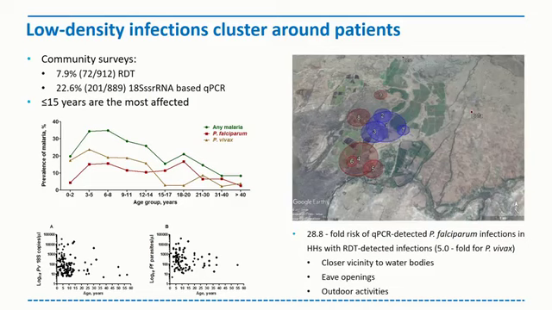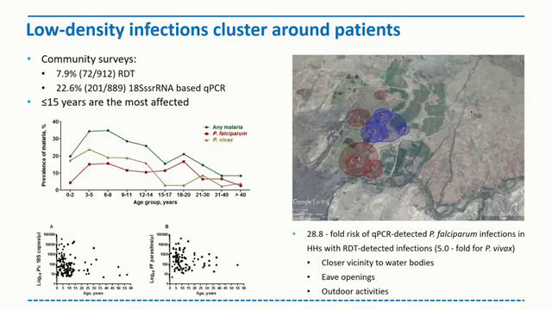We also checked for their distribution in the community. We followed patients and investigated the malaria prevalence around those patients and around control cases, and we found these infections really clustered around RDT detectable infections.